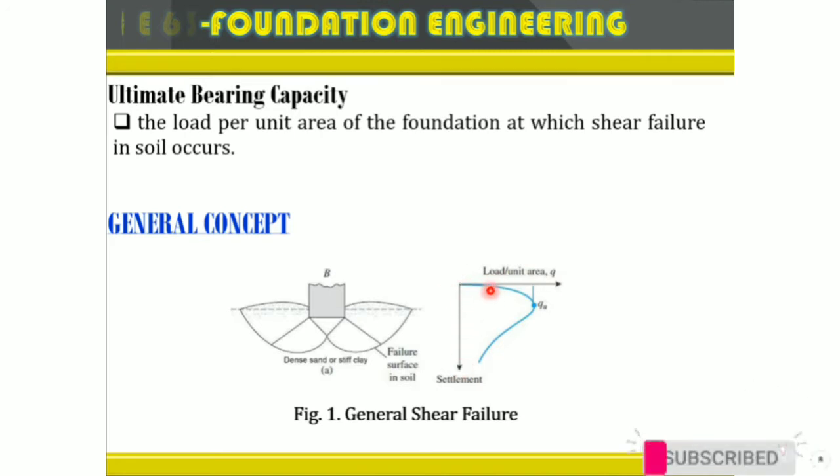As the load per unit area increases going to the right, this settlement line, represented by the color blue, shows the settlement with respect to the load per unit area, until the load per unit area reaches a maximum or ultimate value, denoted by q u. This would be its corresponding settlement, and you can get its value by extending a line from this point to the vertical axis.